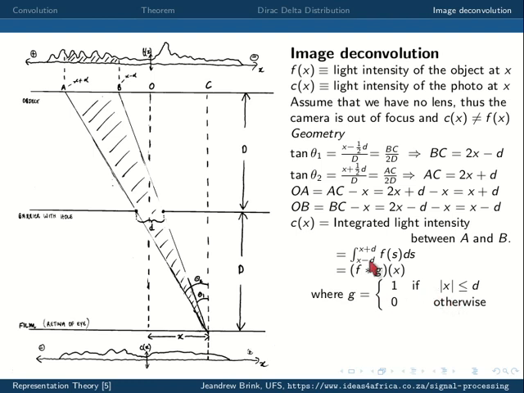So the amazing thing is that this formula, c of x, which is equal to the convolution f star g, is always true. If you put in a lens over here, you're going to get another expression that looks like this. g just changes. If you move the screen closer to the camera, which is more realistic, you're also going to get the same expression, that the light intensity is equal to f star g of x.